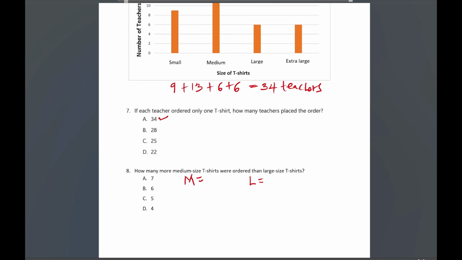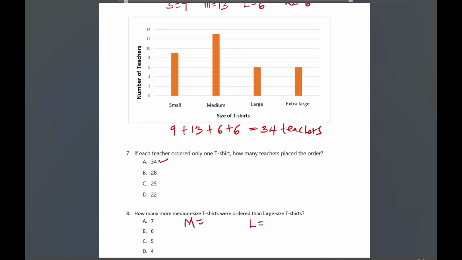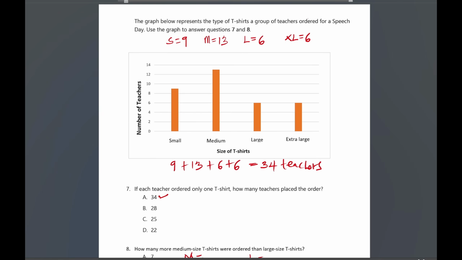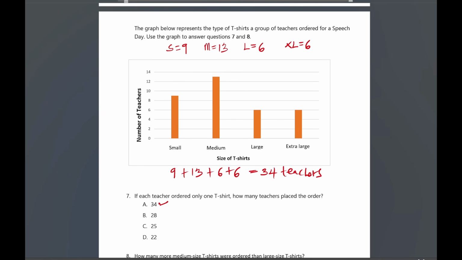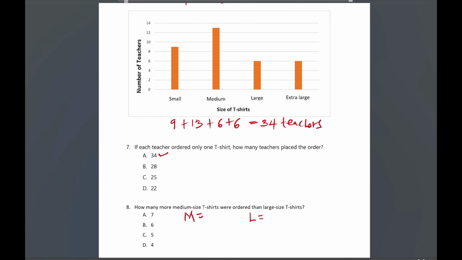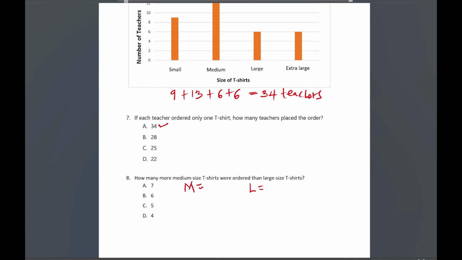We have already done this. So for the medium, 13 was ordered, and then for the large, 6 was ordered. So 13 t-shirts for medium, 6 for large.